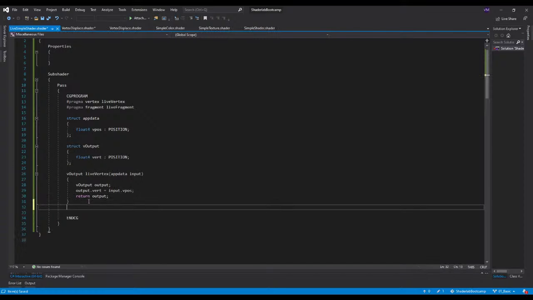Now we have to write a fragment function. See, if we don't write a fragment function, it will still give us an error. All right. When we write a fragment function, it's going to be very simple. For the time being it is going to return a color. Now color will be RGBA, so float 4, fixed 4, half 4.